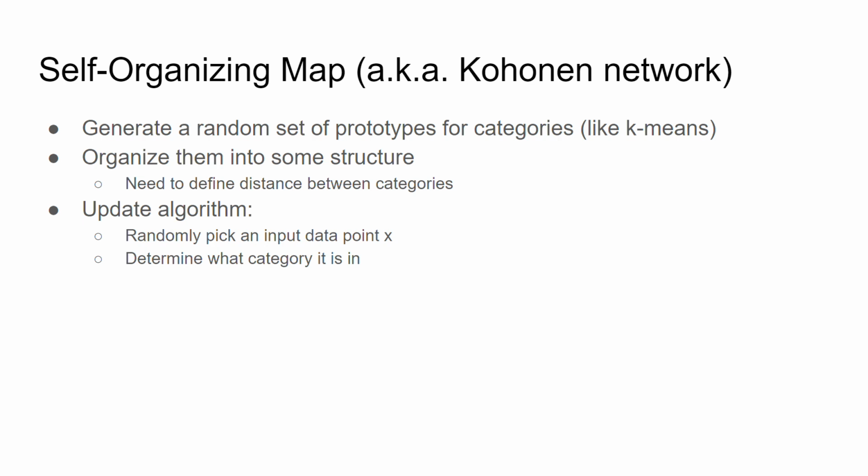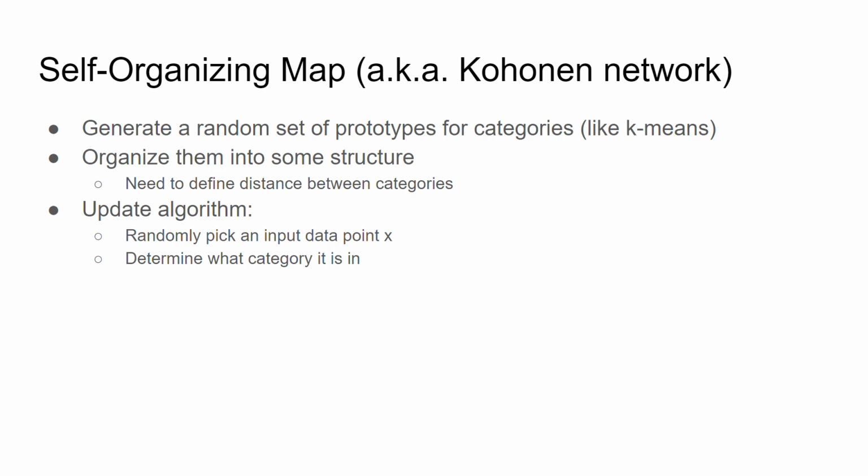It's a tiny iterative version of what we did with k-means, which was to take all the points in that category and take their mean. We're just doing this one point at a time. So we slightly shift that prototype towards our new input value x.